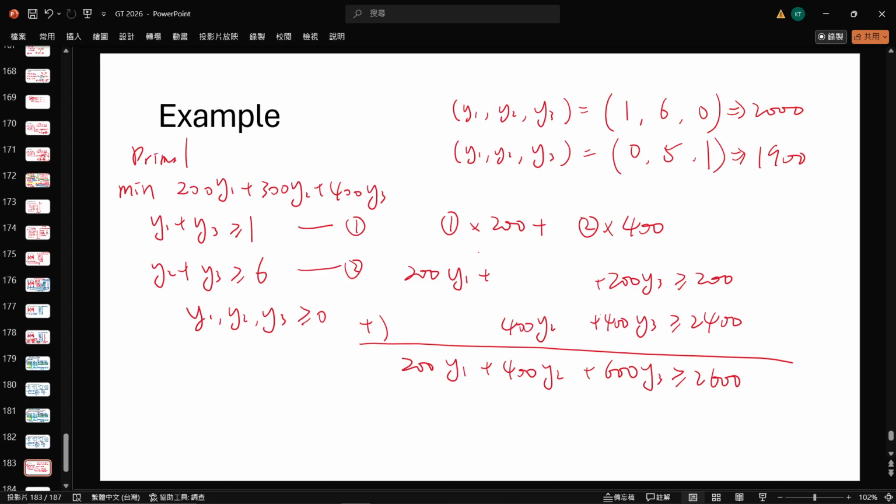Is it a valid lower bound? Because now we want to find a lower bound instead of an upper bound.